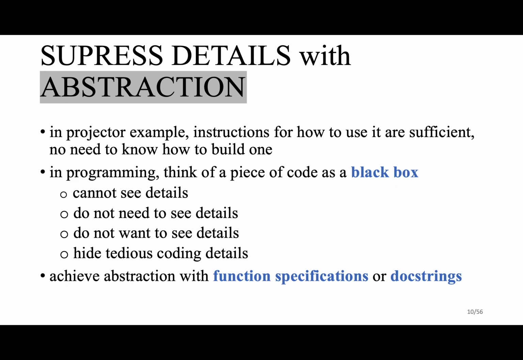Okay, so we talk about function. Function has something we call abstraction. Why do we say that? Because if you have a function, you already know what a function is.